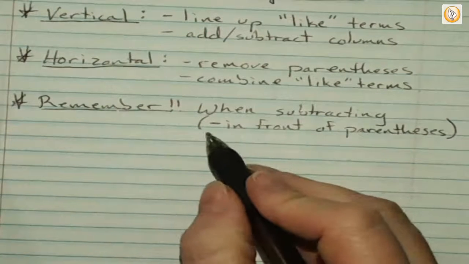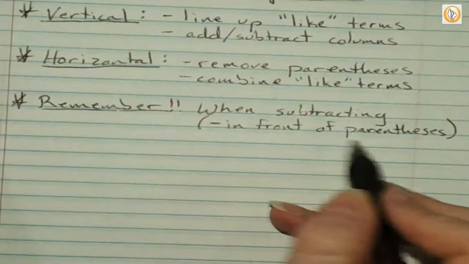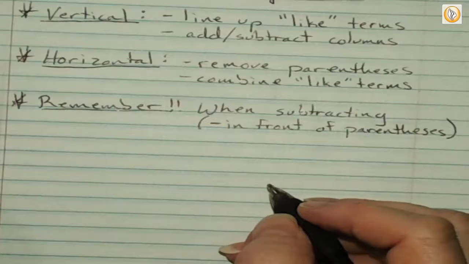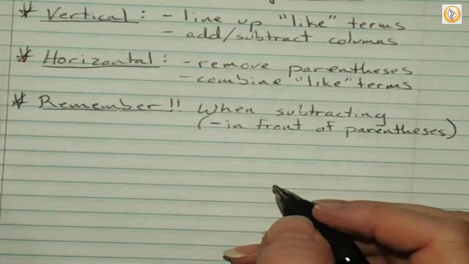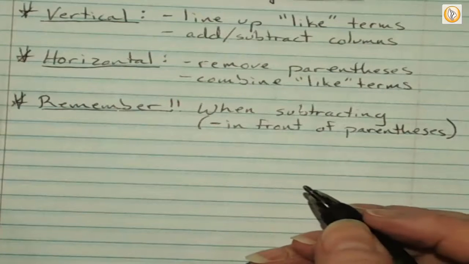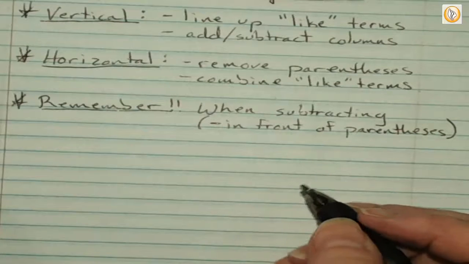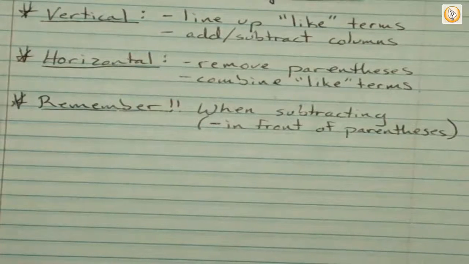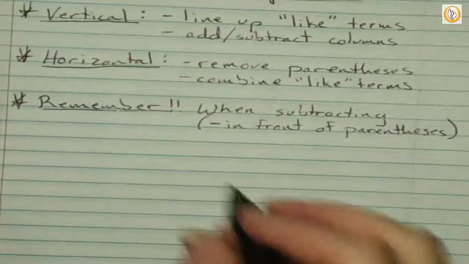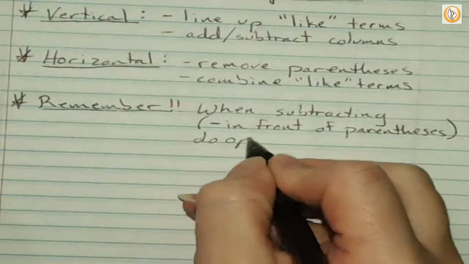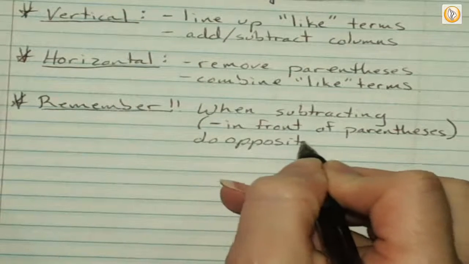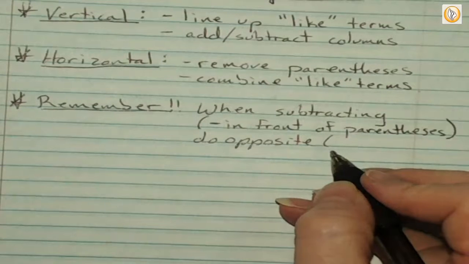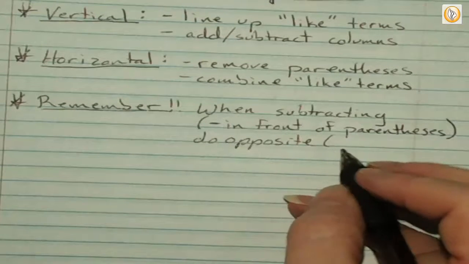When subtracting, meaning you're going to see a negative in front of the parentheses. What do you do when there's a negative in front of the parentheses of a bunch of stuff? Distributive property, you switch them, do the opposite, you apply it to everything. Exactly. You're going to do the opposite. Everything you are saying, distributive property, apply it to everything.